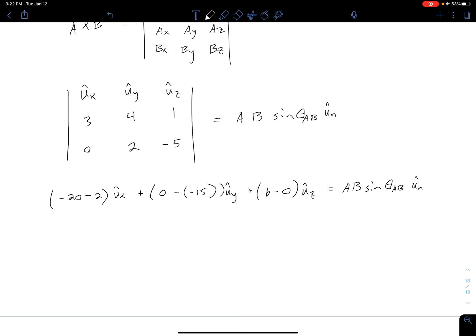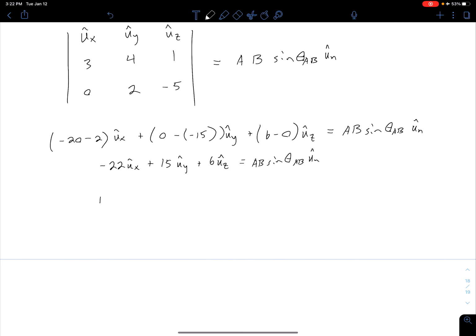Of course we can evaluate that, but what we ultimately want to do is take the magnitude of both sides to get rid of that unit vector term on the right. So we have negative 22 in our x direction, plus 15 in our y direction, plus 6 in our z direction is equal to AB sine of theta AB times u sub n. So now what we can do is take the magnitude of both sides.